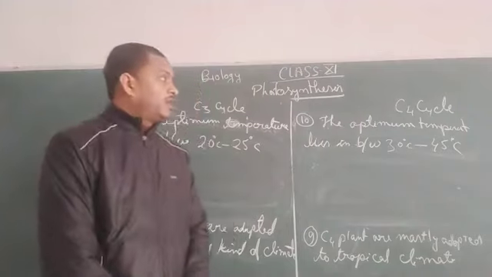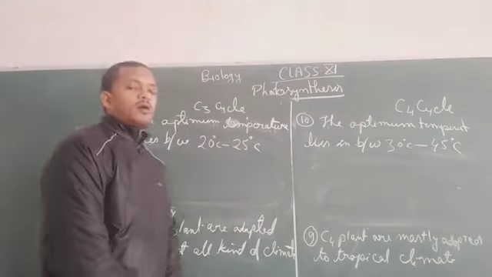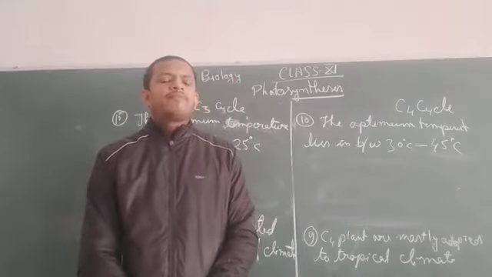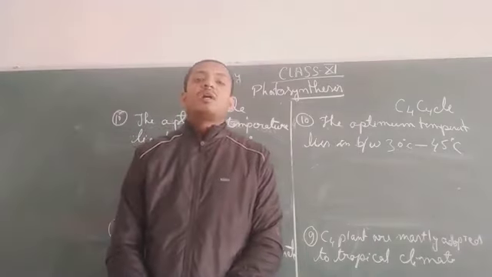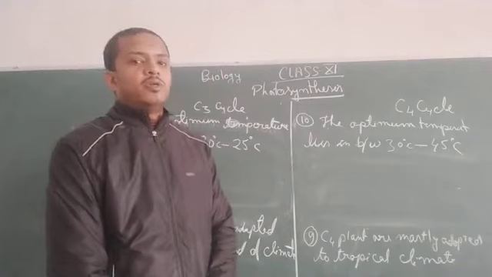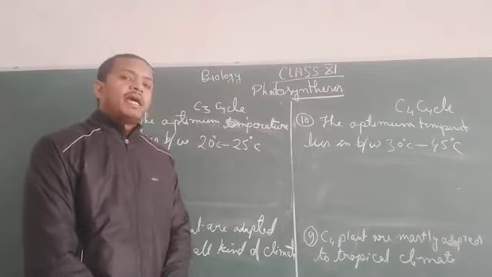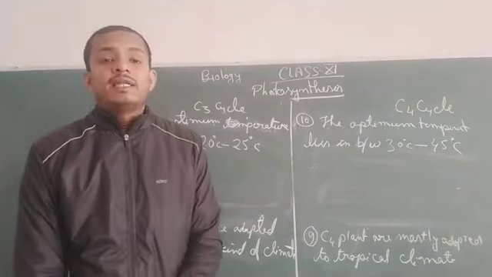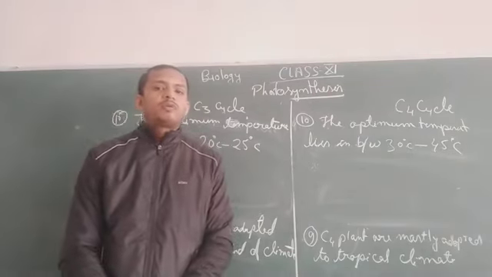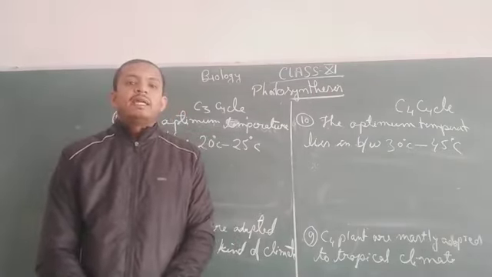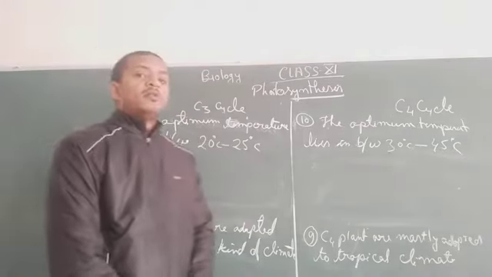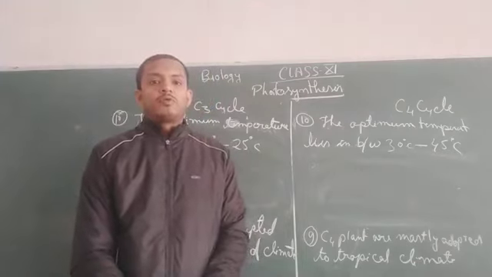With the energy consumption, 12 NADPH is common in both cases, C3 and C4 cycle. But when we talk about the use of ATP, in the C3 cycle a total of 18 ATP is used, but in the C4 cycle a total of 30 ATP is used.